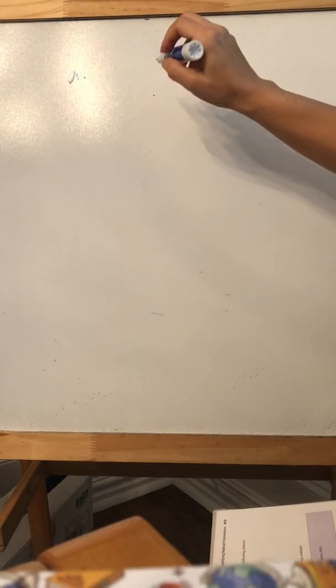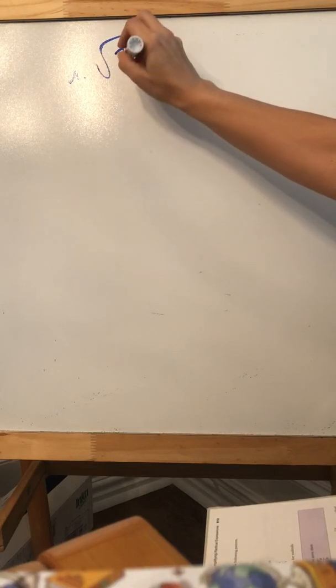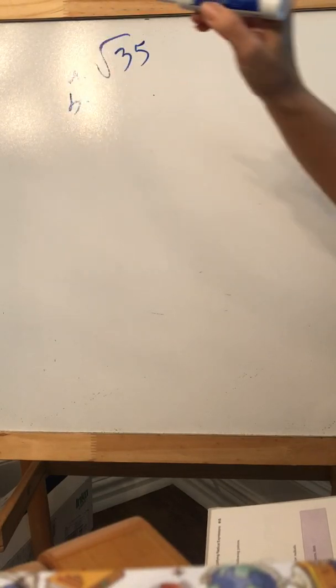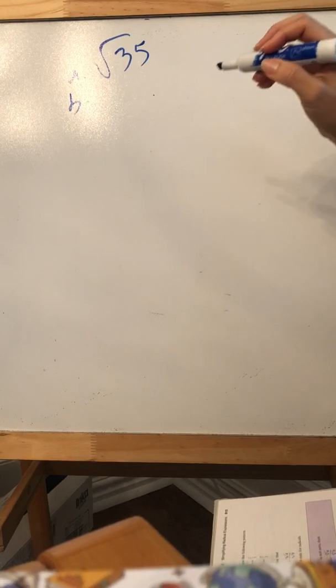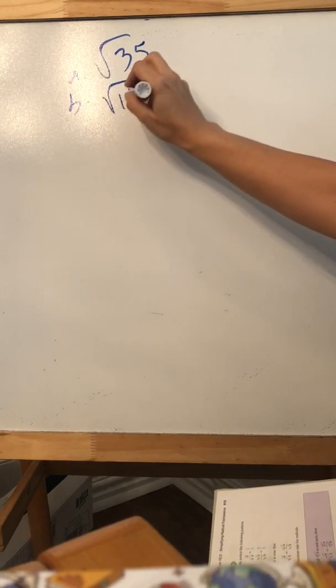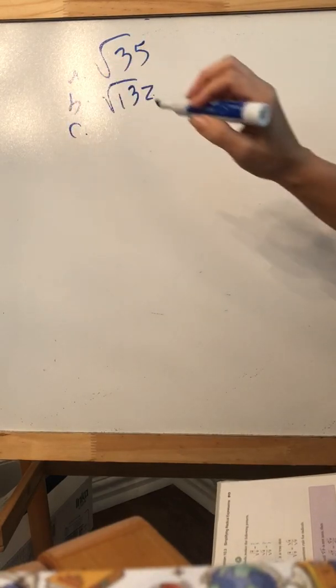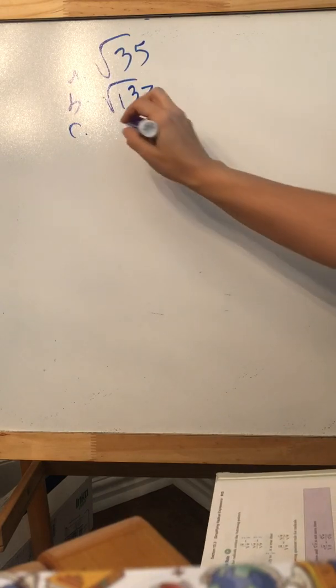All right, so for A, you should have gotten square root of 35. B, you should have gotten square root of 13z. For C, you should have gotten 5.